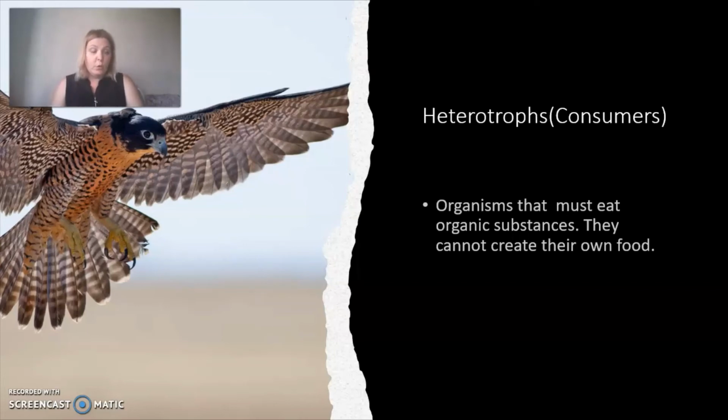But in general, we also talk about organic chemistry and so on. But this is it: heterotrophs cannot create their own food. So they have to go and eat someone else, which is why we call them consumers. So when you have things like primary consumers, you have someone who maybe is an herbivore.